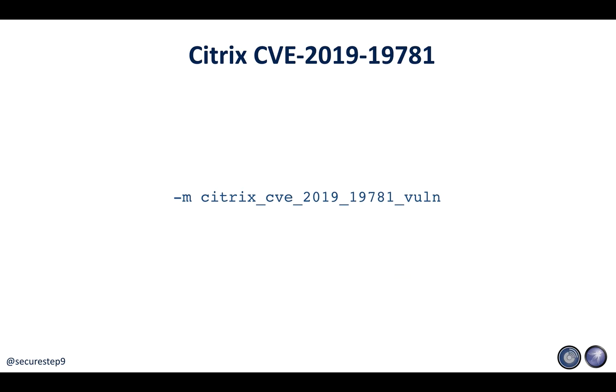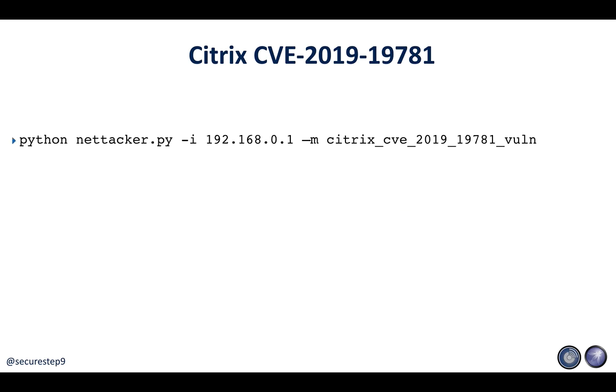So, what are we going to do today? We're going to scan for Citrix CVE-2019-19781, which is the module named like this. So that is the module that we will need, and this is how we're going to run Nettacker. We can run it to detect the vulnerability. We can run Nettacker against a single IP address.